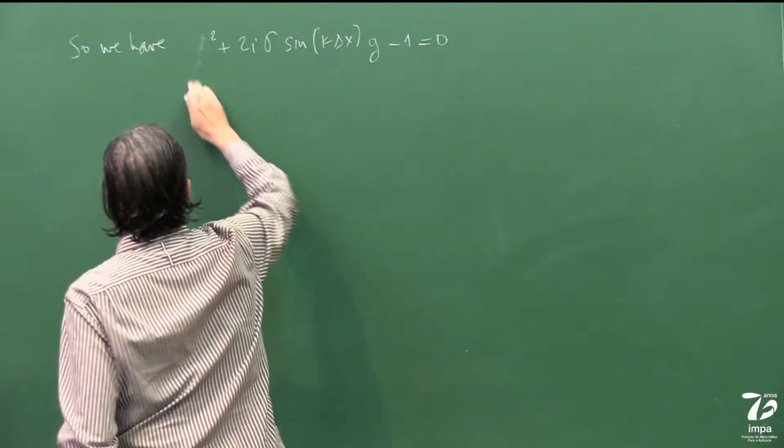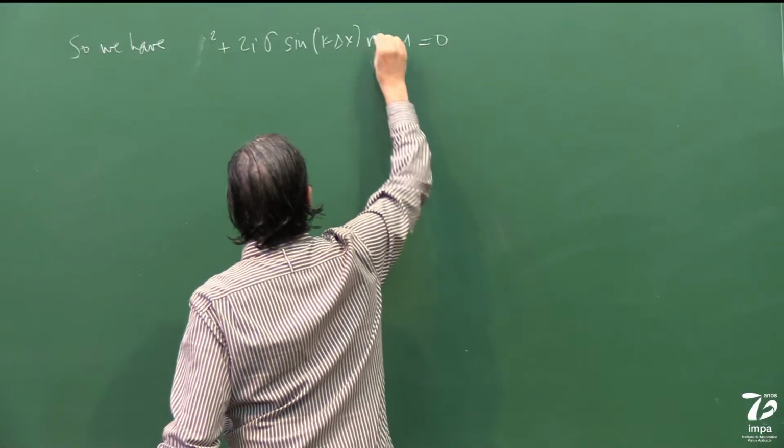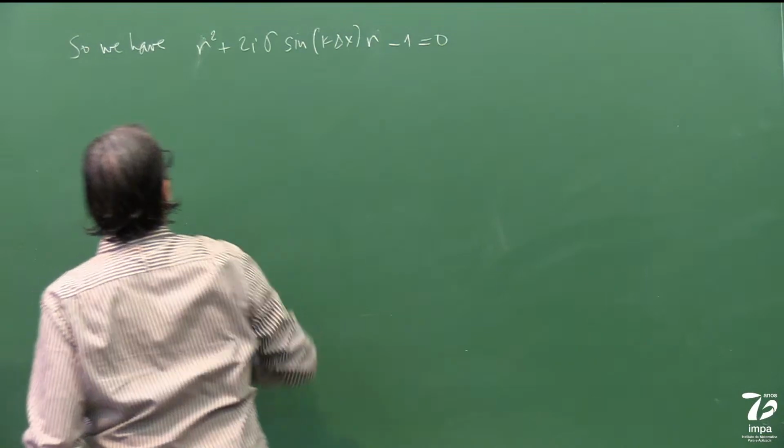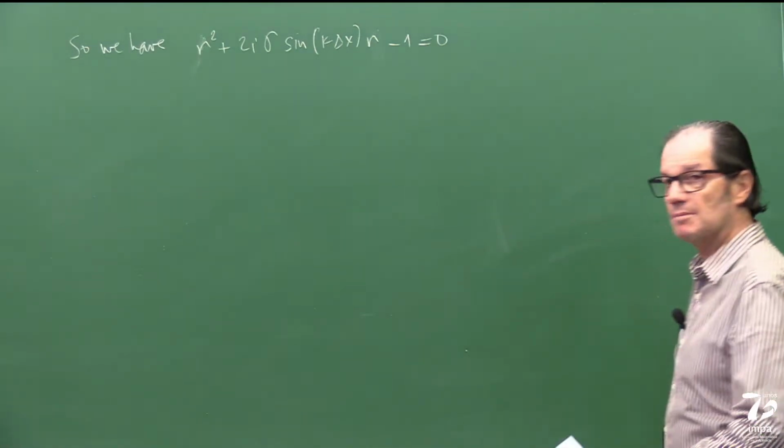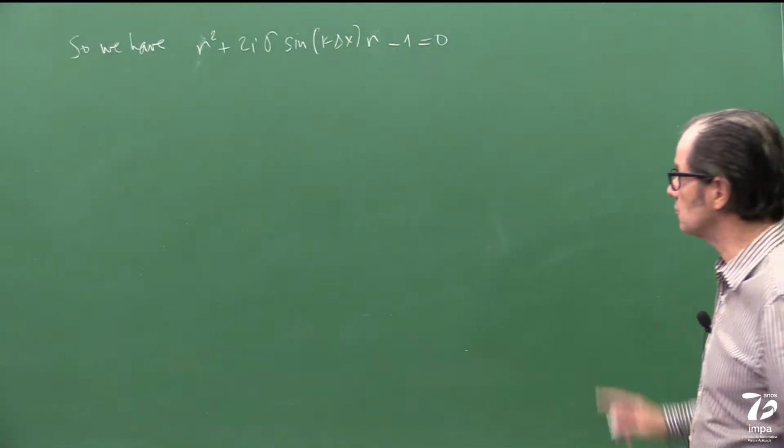Let me actually keep the notation of my notes that I decided to use, which is r squared. So let me leave it like this and see if you follow what I'm doing.